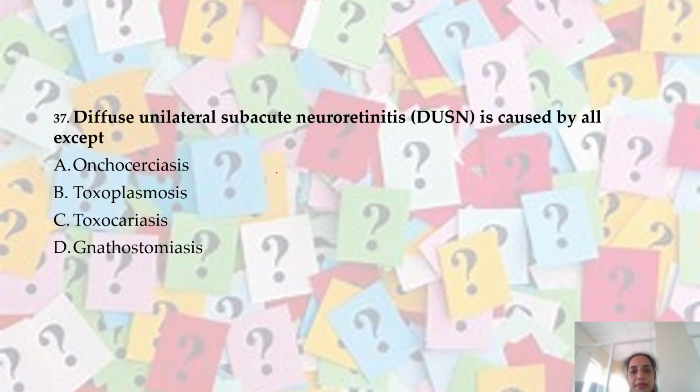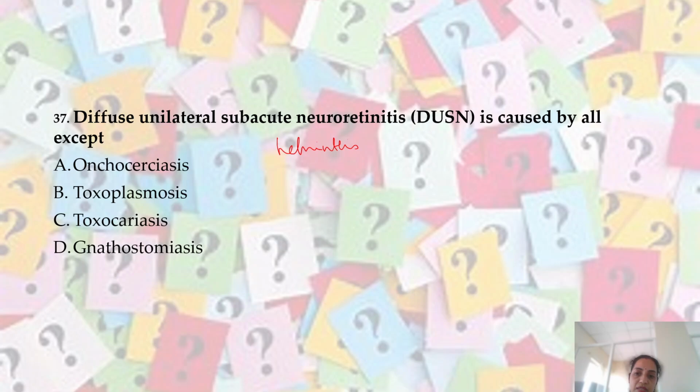Diffuse unilateral subacute neuroretinitis is usually caused by all except. Again, this is a manifestation of helminths. So what happens is the helminths keep migrating in the subretinal space, causing a lot of inflammation. Helminths are usually associated with a lot of inflammation, and the overlying retina starts becoming atrophic.